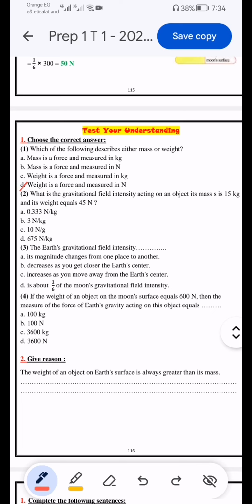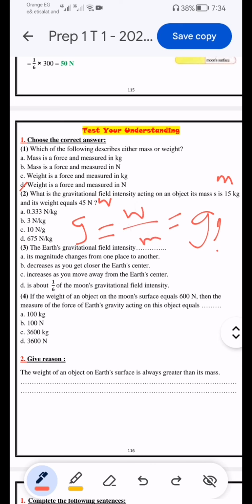2. What is the gravitational field intensity acting on an object whose mass equals 15 and whose weight equals 45 Newton? We have weight W and we have mass M, but we need G. As we said, G equals weight over mass.